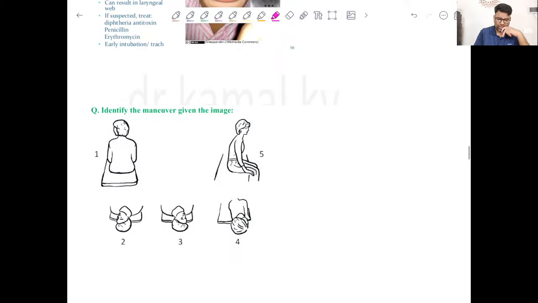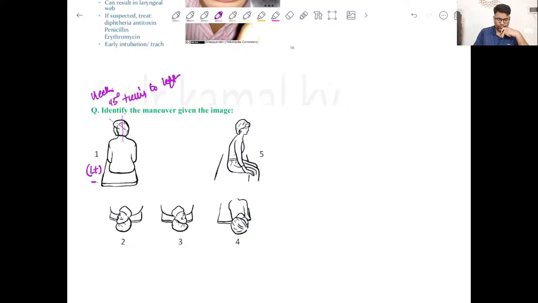Now then there was a question about the maneuver which has been shown in 5 stages, and what we can see here, the person is sitting on the couch and he has turned his neck about 45 degrees, right? So 45 degree turning of neck. While sitting, you can say this is the left side of the patient, so he has turned his neck 45 degrees to left, right?